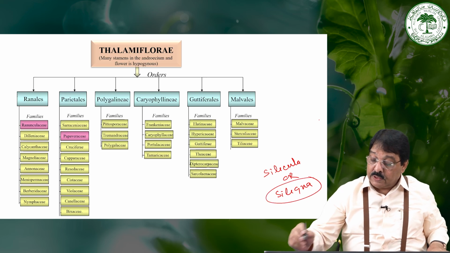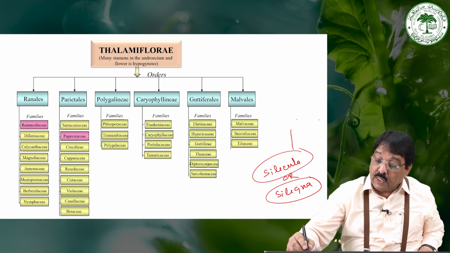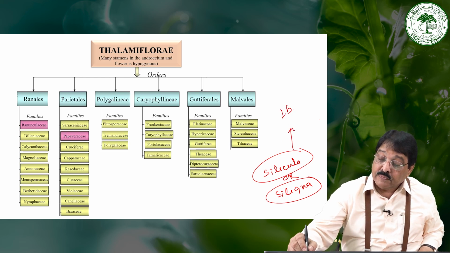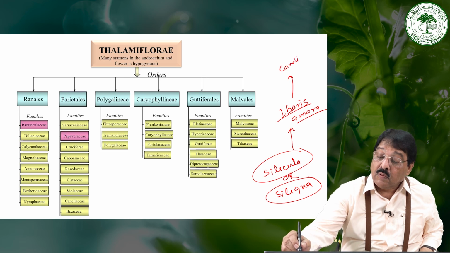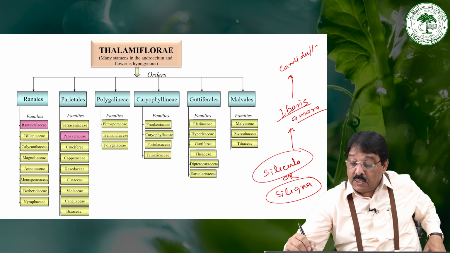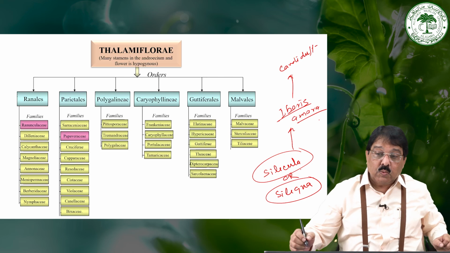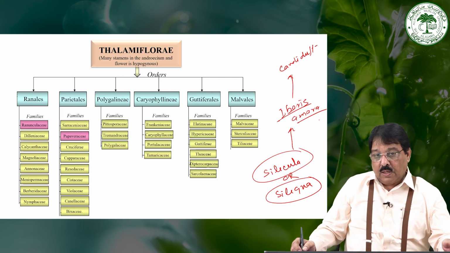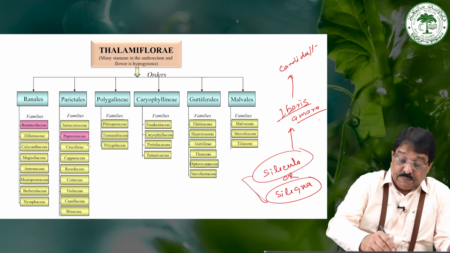Most of the members have the siliqua, while in case of Iberis amara, that is called candytuft, it has the silicula. How do you remember the difference between the silicula and siliqua? This fruit is the characteristic, peculiar character of the Cruciferae family.